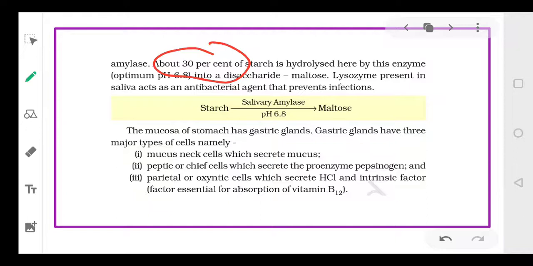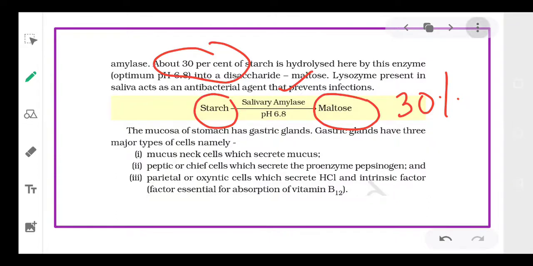The starch that we are eating will be acted upon by the salivary amylase and converted into maltose. So 30% of your carbohydrates will be converted into maltose in your mouth itself.